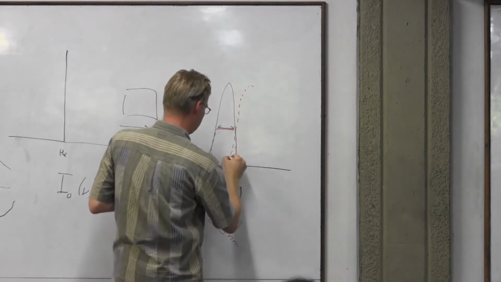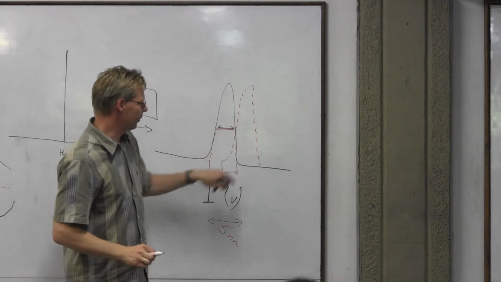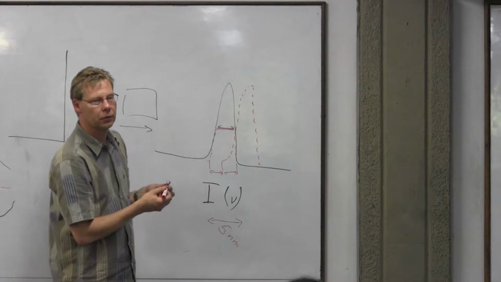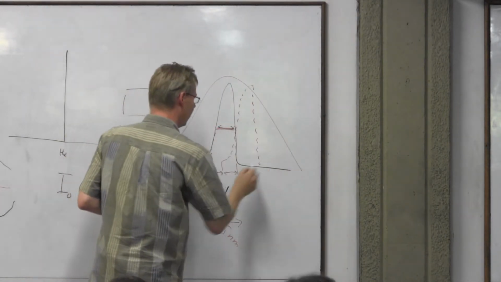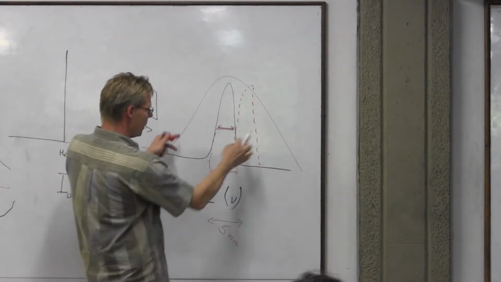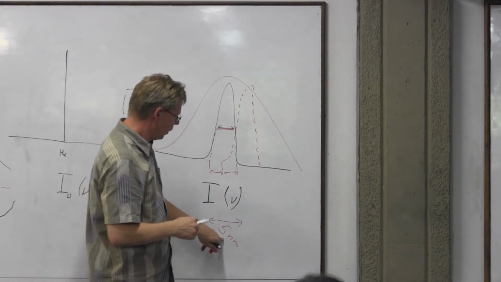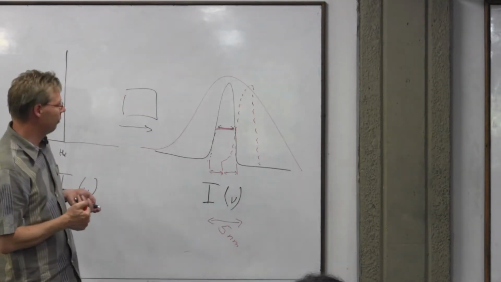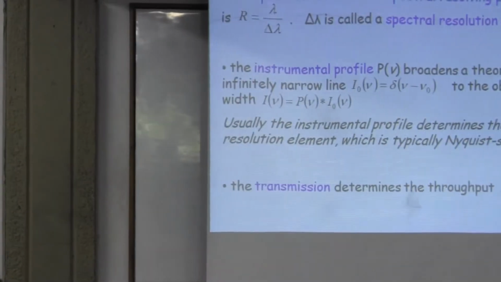So if there is another line here, I can resolve it if the other one is offset by something like the width of that line. If that line were much broader, I would never be able to tell that there are two different lines. So the line width in micrometers or nanometers with respect to the absolute wavelength tells you what the resolution of your spectrograph is.